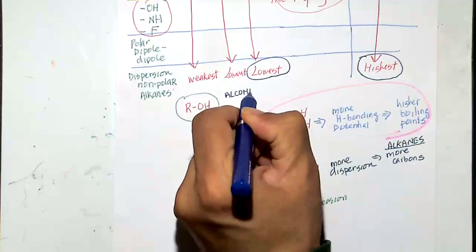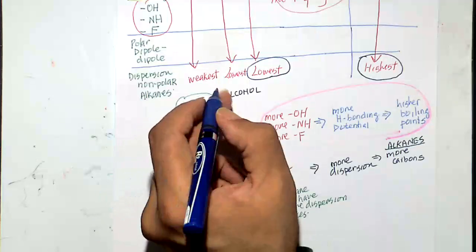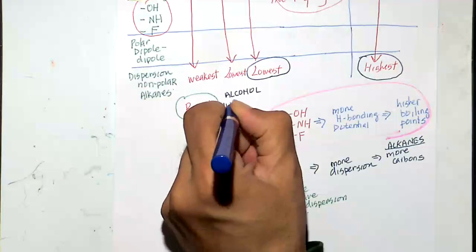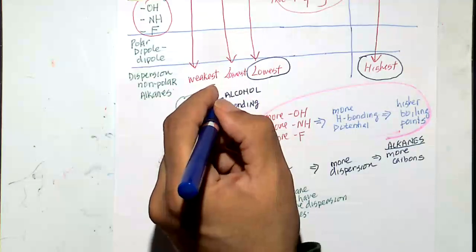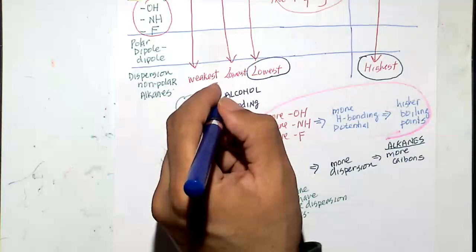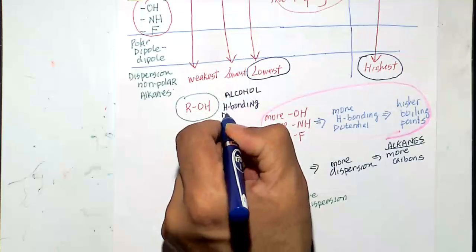Alcohol. Okay. And what do we know about alcohols? What is their main intermolecular force? Hydrogen bonding. They also have a small intermolecular force, and that's called dispersion, but all molecules have dispersion.